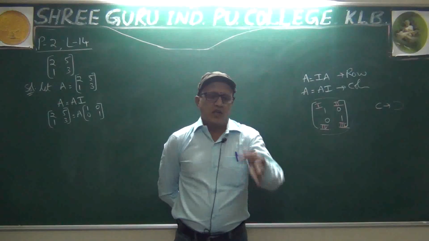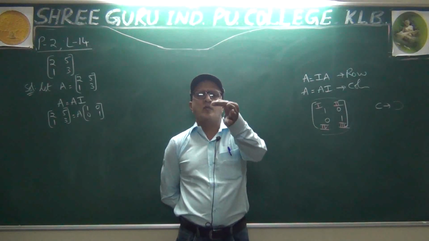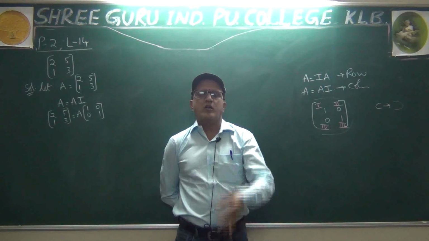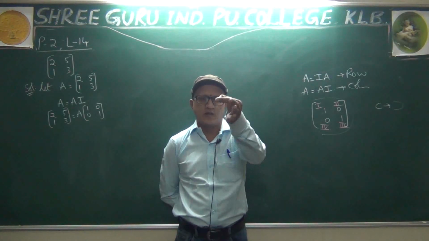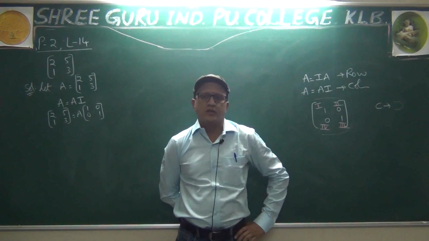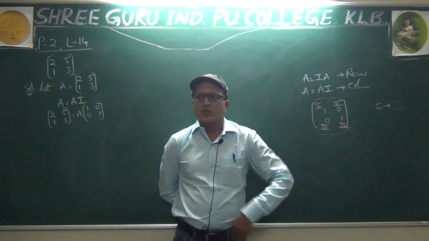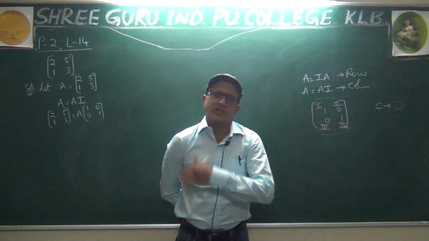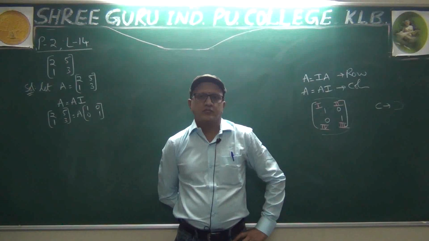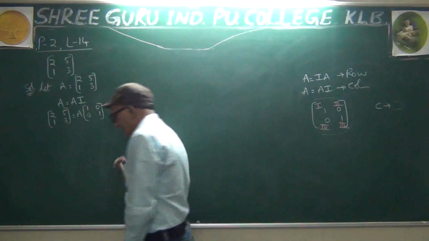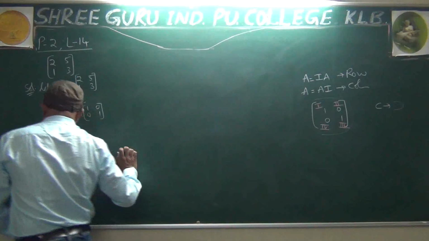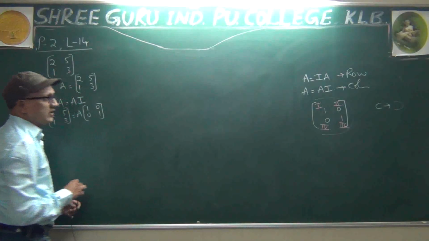No. Either you have to follow row operation strictly from the beginning till the end, or column operation strictly from the beginning to the end. Only one operation. You cannot do one step row operation, one step column operation, one step diagonal operation. Right? So here we are learning and teaching column operation. Let us follow using column operation.